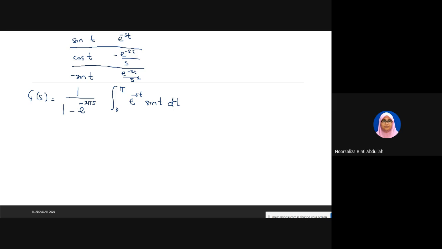Okay. This part, tabular, integrate from 0 to pi, exponent negative st, sin t dt equals to, ni darab ni. Sin t darab ni, awak dapat negative exponent minus st over s sin t, and then minus with cos t times this one.